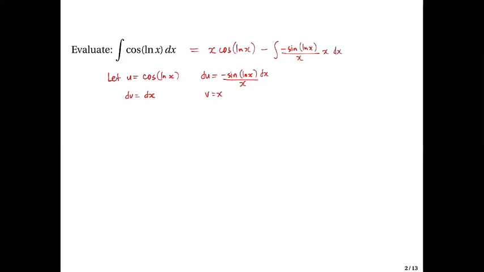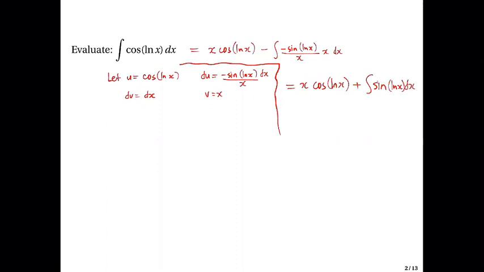And notice that this we can simplify. We can cancel the x and x here. And of course we have minus and minus, so we'll just have plus. So this becomes x cosine of ln of x plus the integral of sine of ln of x dx.